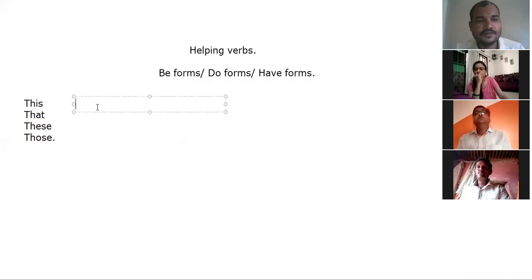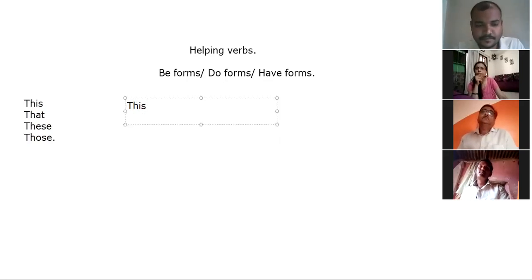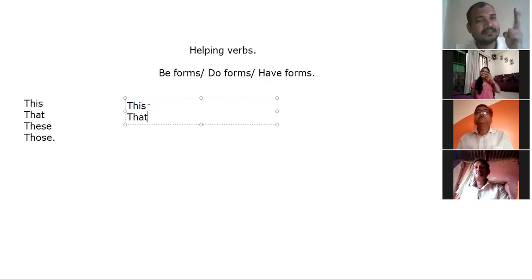First let me tell you what is singular and what is plural here. This is singular. That is also singular. To indicate singulars, this and that are the two words we can use to indicate objects generally.